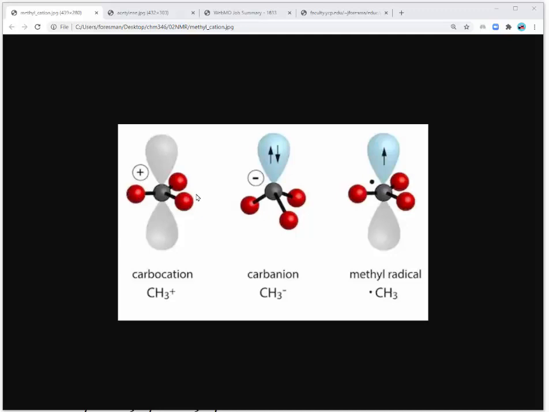Okay, so now let's go back and think about a magnetic field applied in these different directions. So if a magnetic field is applied along the z-axis, that means it's going to be stirring up electrons around that axis.